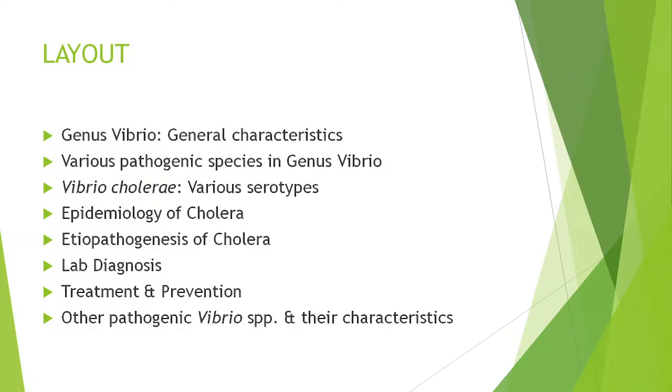What are the general characteristics of the genus Vibrio, the different pathogenic species, the different serotypes, seroepidemiology of Vibrio cholerae, okay. Then clinical features, epidemiology of cholera, lab diagnosis, treatment and prevention, and other clinical manifestations of the other pathogenic Vibrio species and how we diagnose them.